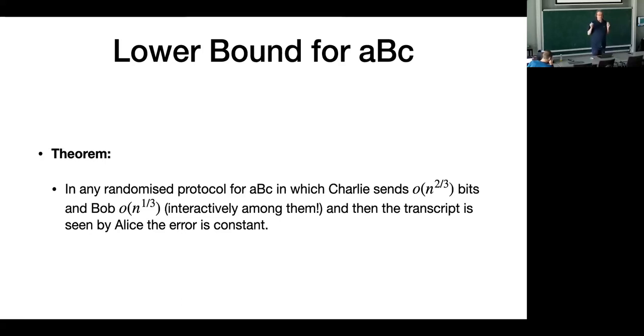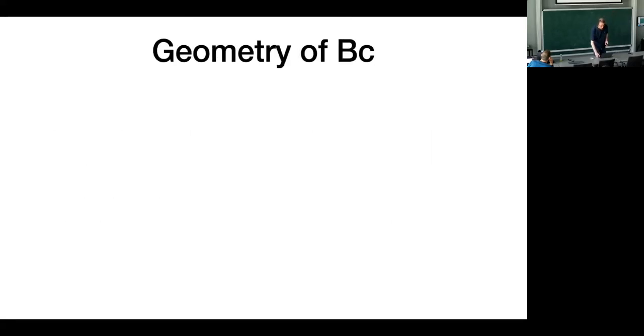And this is a trade-off that you can achieve in the protocol that I sketched a couple of minutes ago. You can make the first stage, where you choose this vector with a large overlap, more expensive, and then the overlap is better, and then the inner product can run with less precision. We show that at least in this trade-off, we get a tight lower bound.